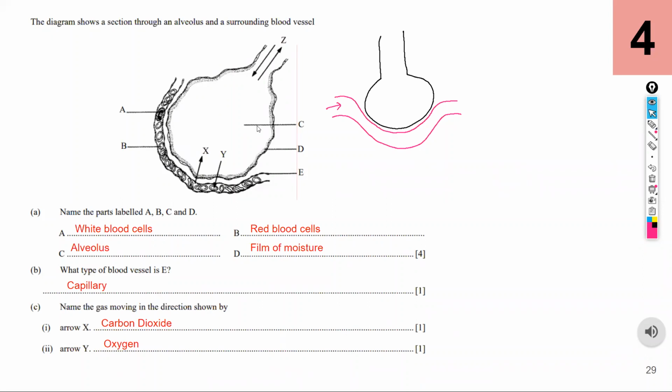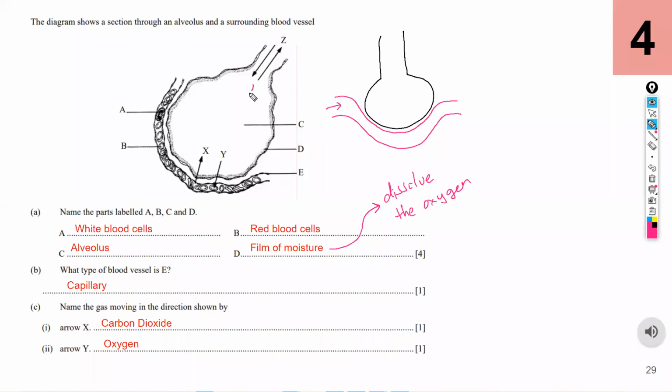Do you all remember why the inside of the alveoli or alveolus has to have moisture? Why does it need to be wet? Right. It's to dissolve the oxygen.